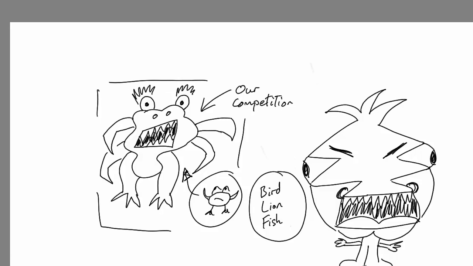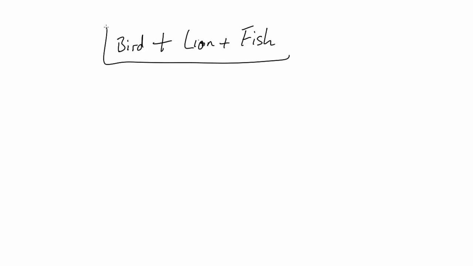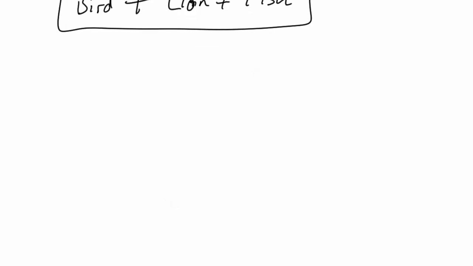Now I'm running out of space here, so let's go clear this. Okay, so let's go bird plus lion, oops, plus fish. Okay, that's a bird, lion, and a fish for us. Okay, let's go a little bit closer here.